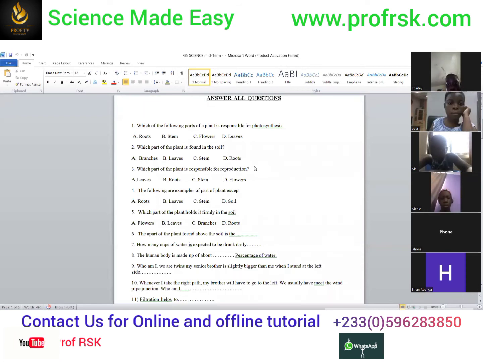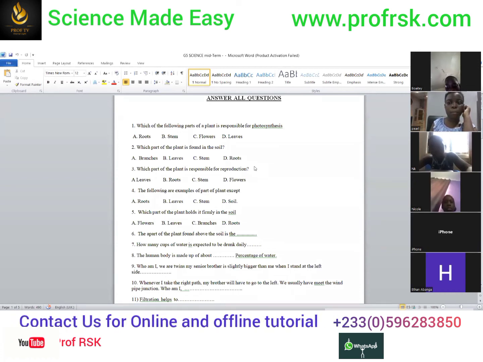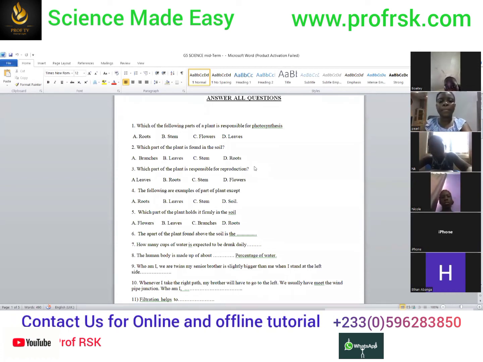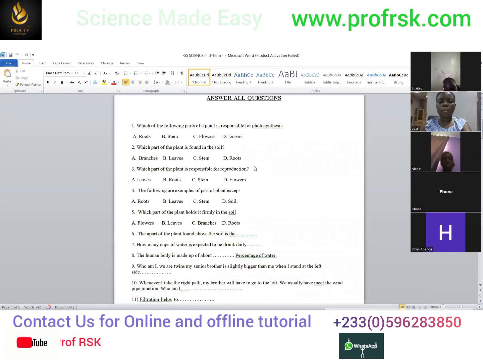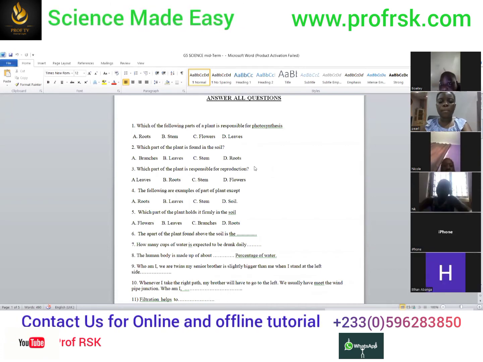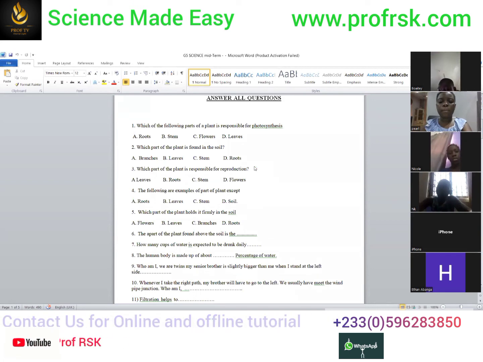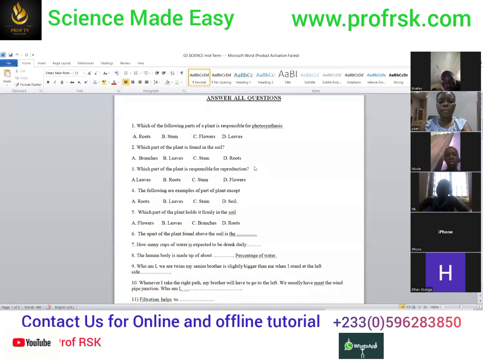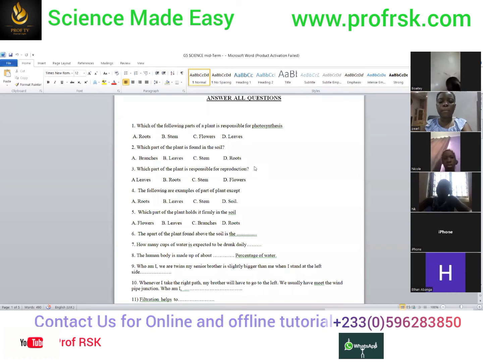So if I stand at the left side and my brother is slightly bigger than me, then I am the left lung. Please take note of this. It is not just lungs, but it is the left lung. So the right one is slightly bigger than the left one.